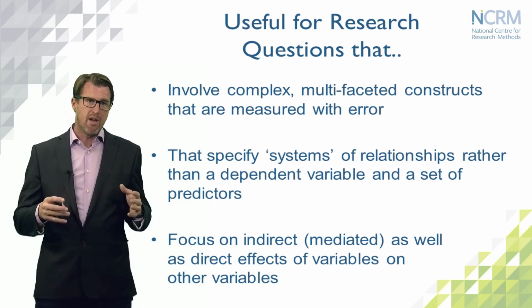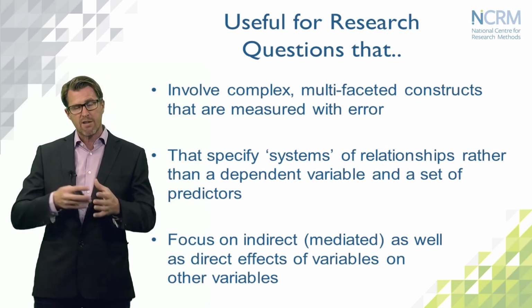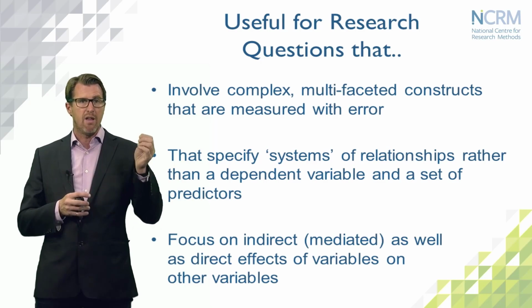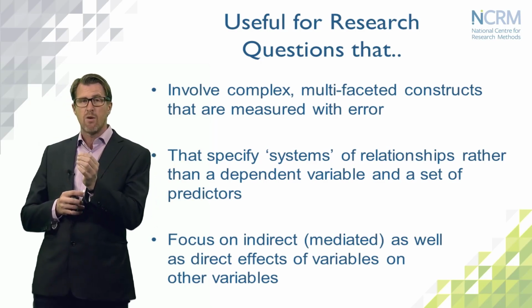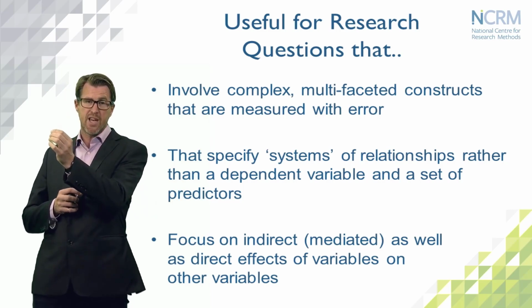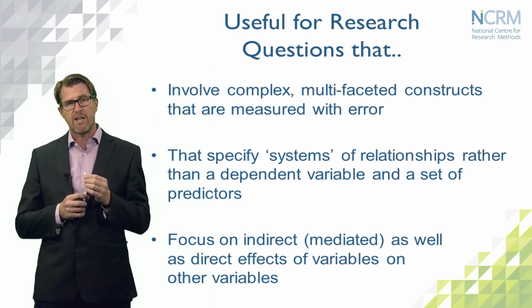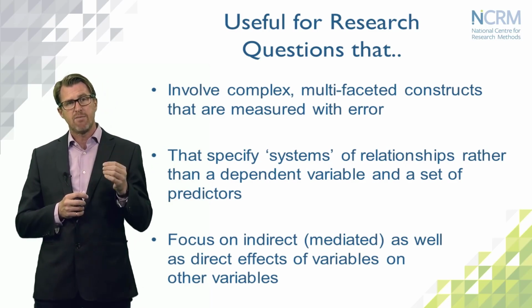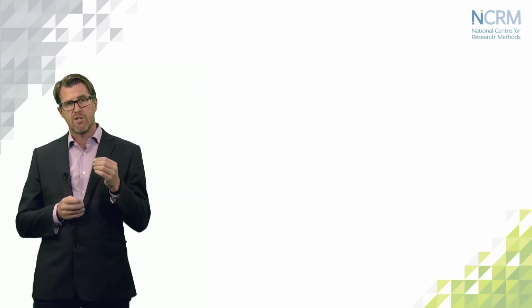But in many research contexts, we're interested in more complex kinds of relationships where the first variable x perhaps influences a second variable z, which then has a second effect on y. That would be seen as an indirect effect, and SEMs are very well suited to addressing those kinds of mediated research questions.